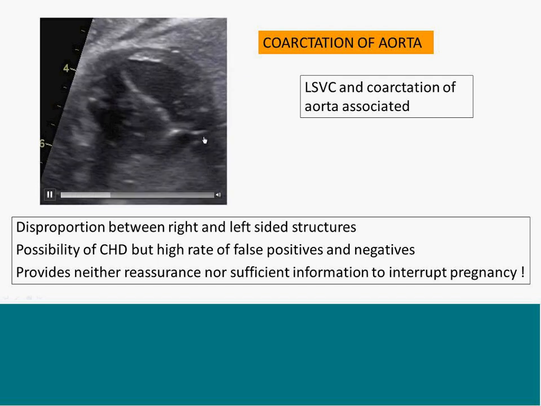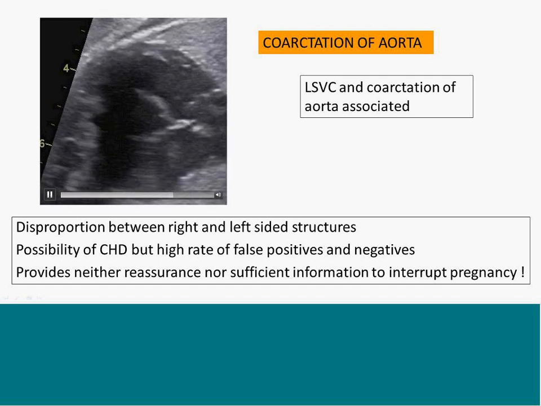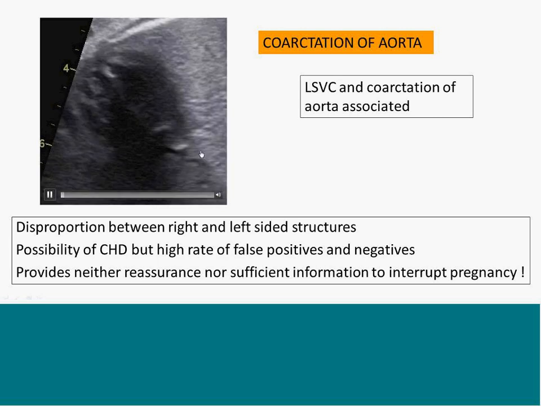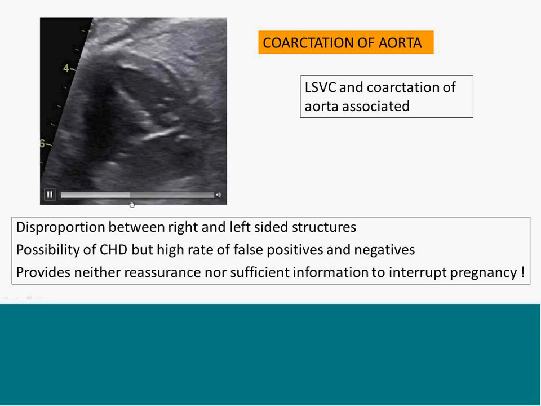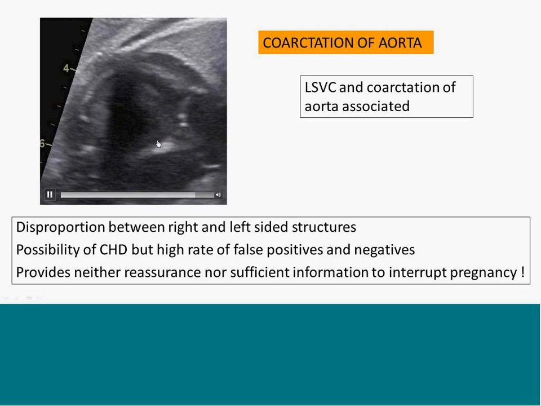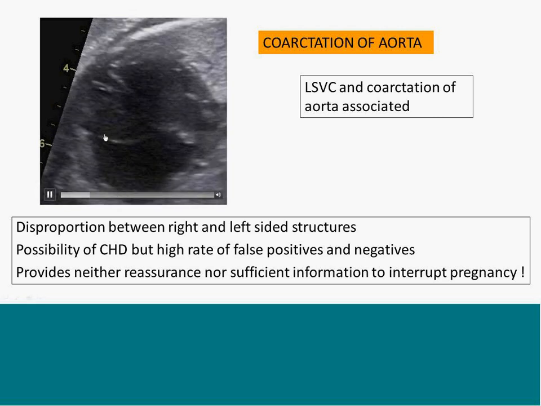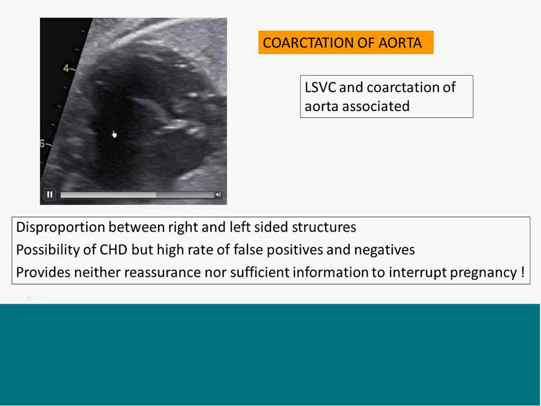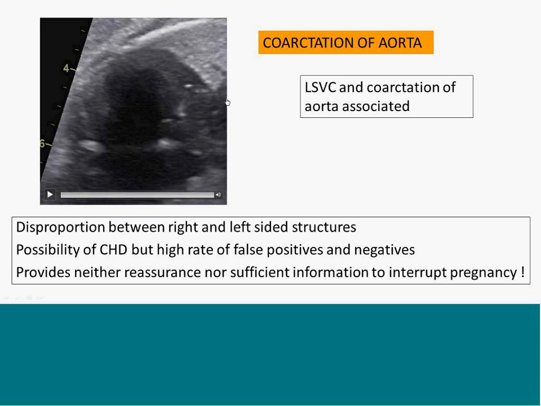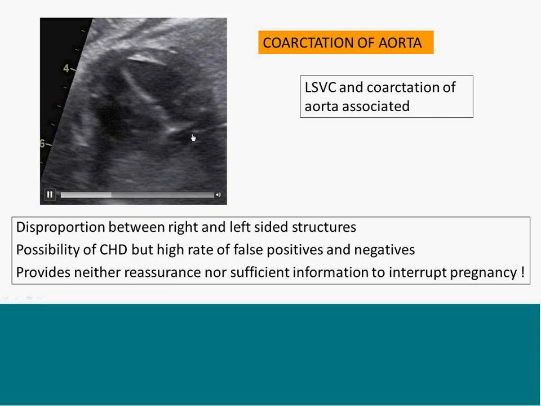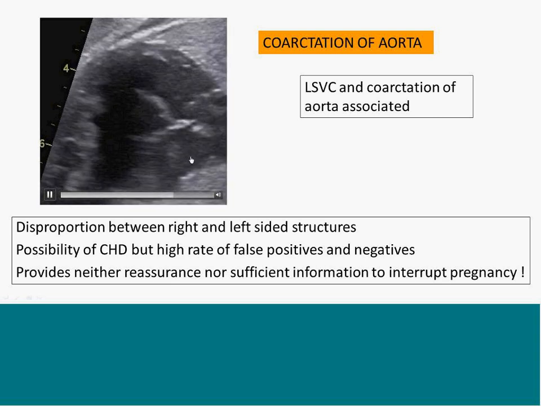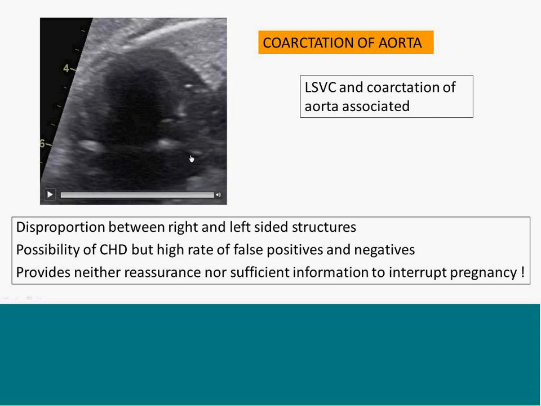So when it's like that, you try to look for subtle other signs to see if you have coarctation or not. In four-chamber view, there are two things which can make you suspect. One, as we said, the right heart more than the left heart, and second is LSVC. There's some correlation found between the presence of a left superior vena cava and coarctation.